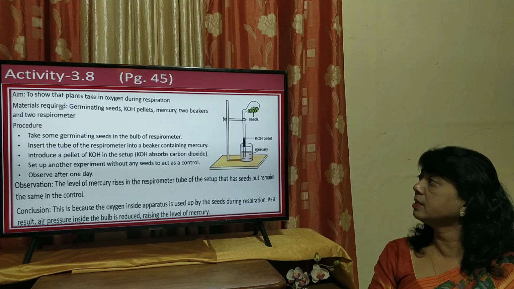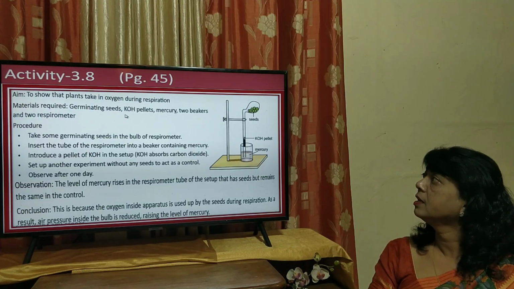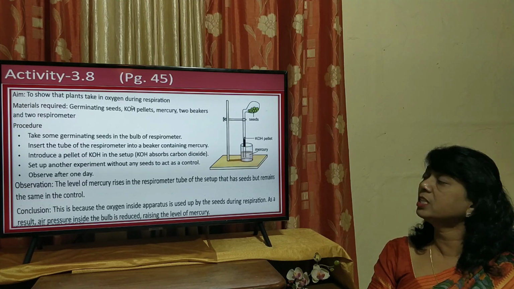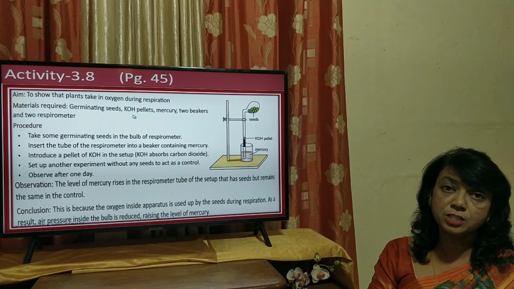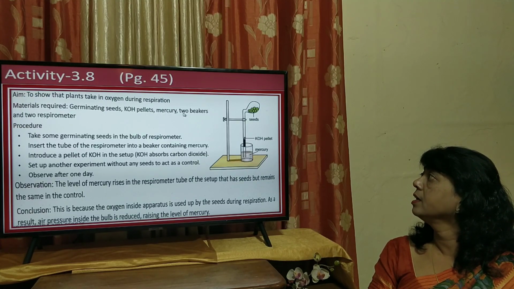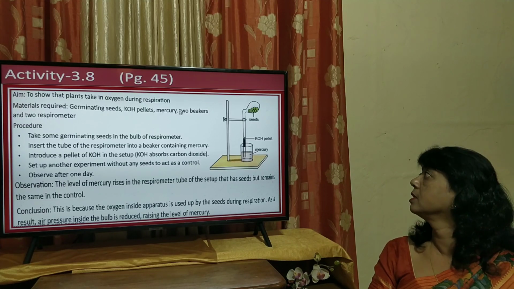Materials required are germinating seeds, KOH pellets. KOH means potassium hydroxide, mercury, and 2 beakers and 2 respirometers.